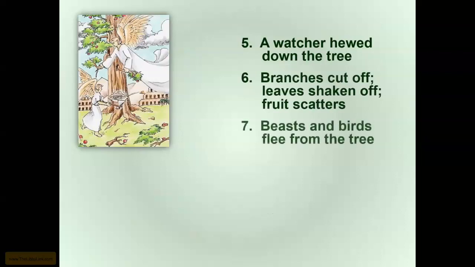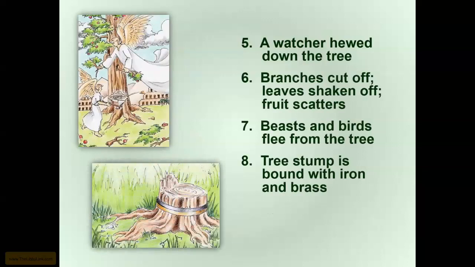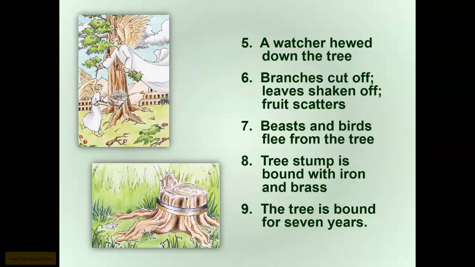Five, as the king continues to describe the action, he told of a holy watcher that came and hewed down the tree. Six, then the branches were cut off, the leaves shaken to the ground, scattering all the fruit. Seven, as a result, the beast and the birds fled, being very frightened.